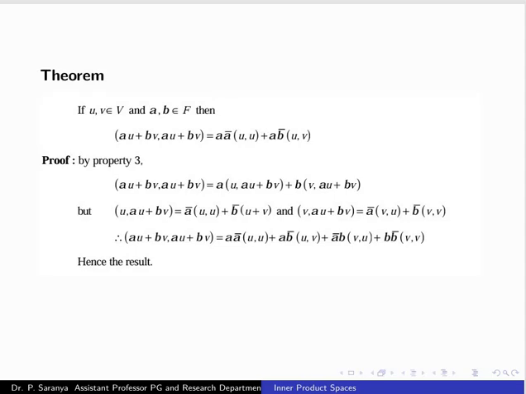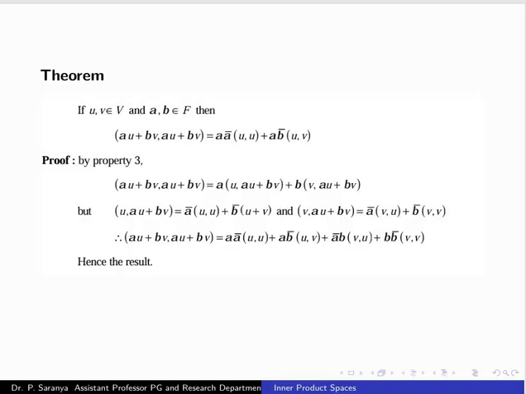The inner product of (au + bv, au + bv) equals a times the inner product of (u, au + bv) plus b times the inner product of (v, au + bv). But the inner product of (u, au + bv) equals a-conjugate inner product of (u, u) plus b-conjugate inner product of (u, v), and the inner product of (v, au + bv) equals a-conjugate inner product of (v, u) plus b-conjugate inner product of (v, v).